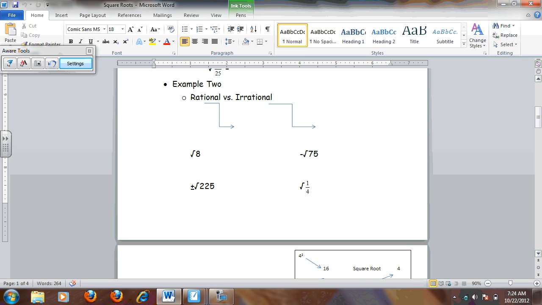Rational numbers can consist of whole numbers, integers, real numbers like fractions, and decimals. When we're talking about decimals, we're talking about terminating and repeating.